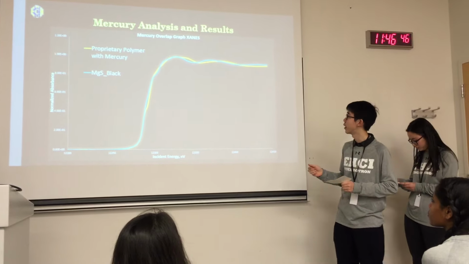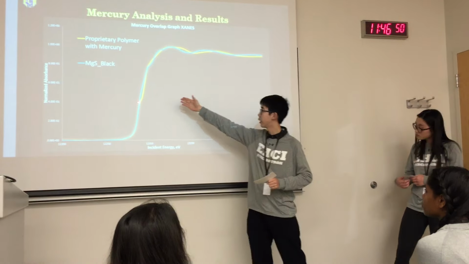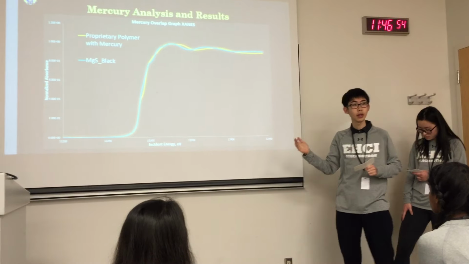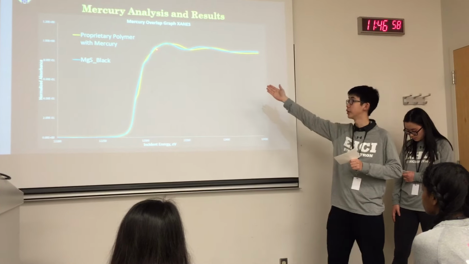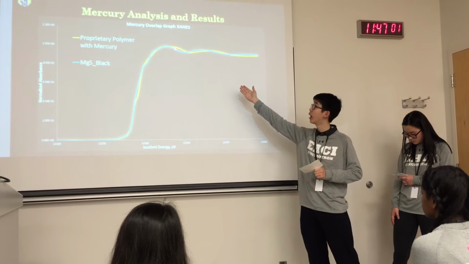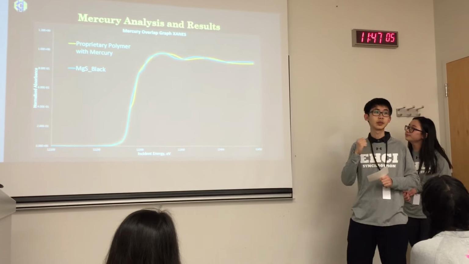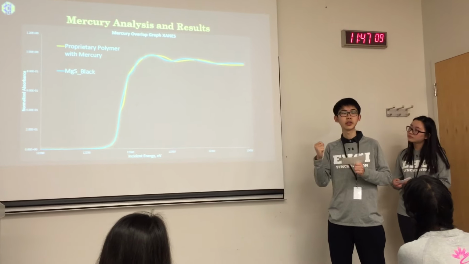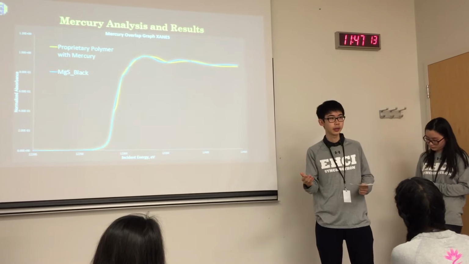The major difference here, as you can see, the prepared polymer curved here, and it's not aligned with mercury sulfide black. Also, there's an energy shift after the major peak as it declines. That suggests there might be a speciation change in mercury, but it could possibly be that there's another compound, the polymer is impure.